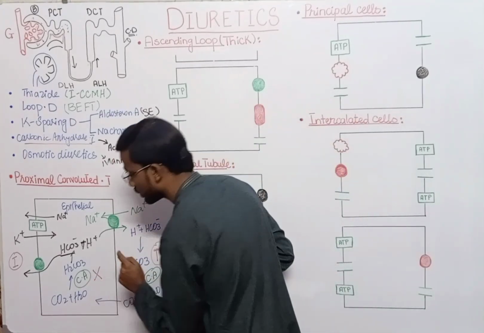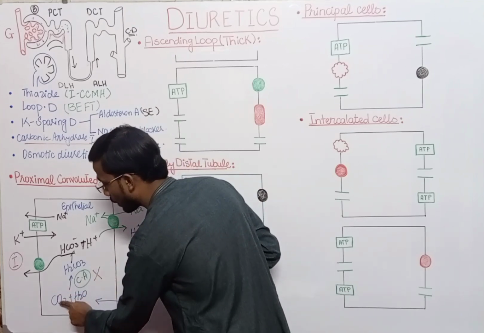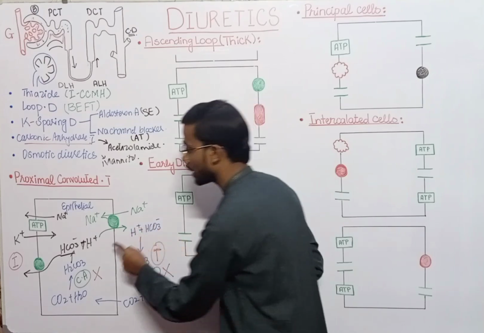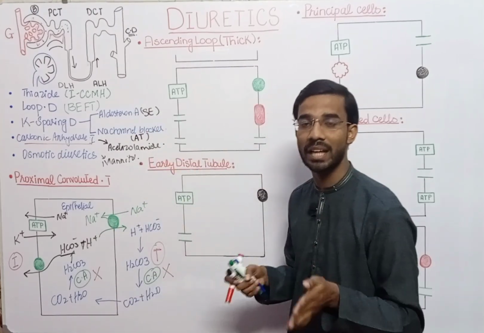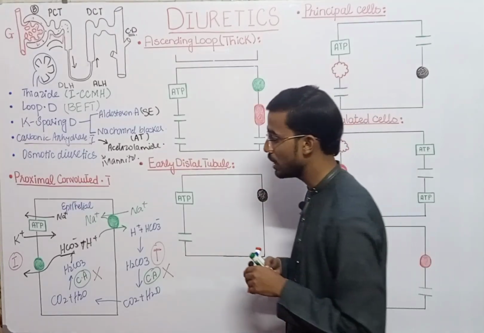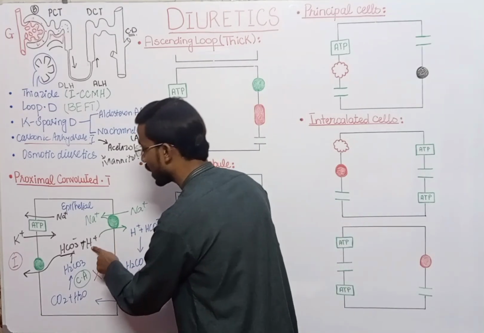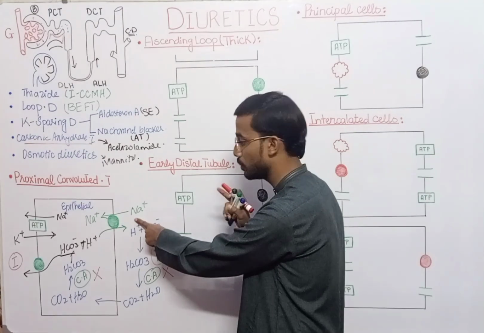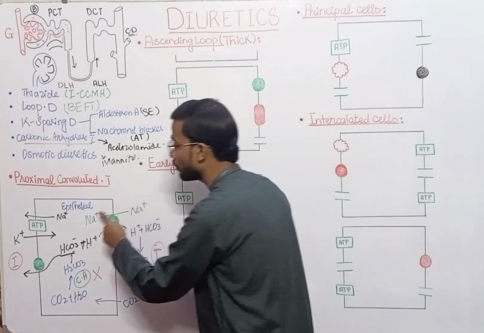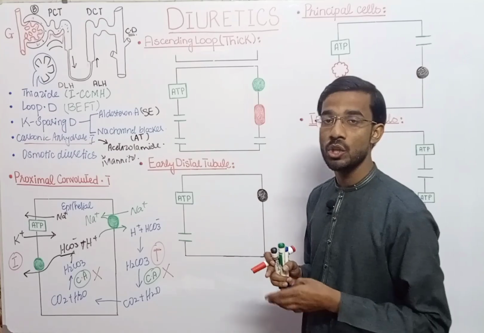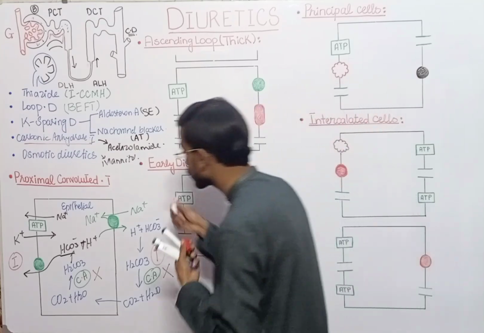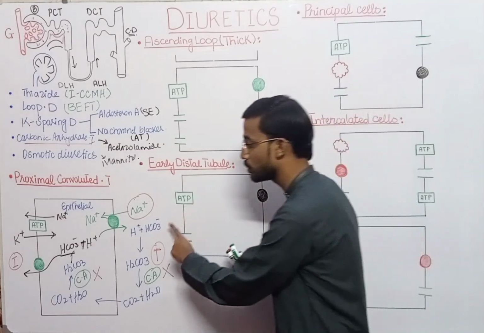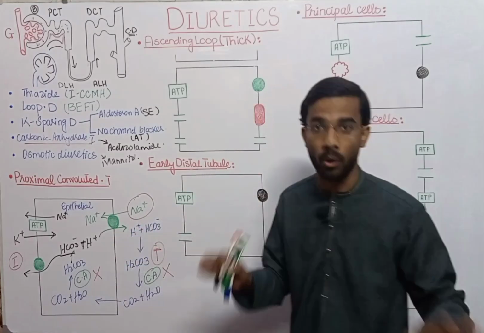Carbon dioxide and water will not convert into carbonic acid, and carbonic acid will not convert into the different ions, H positive and HCO3 negative. If H positive is not produced, then it will not move into the tubular region, and sodium will not move inside the epithelium. So overall, the sodium, which is very important in the transportation from the tubular lumen into the epithelium, will be blocked.